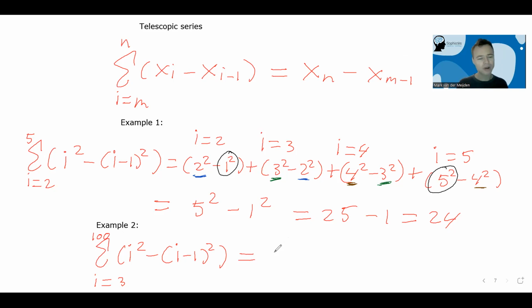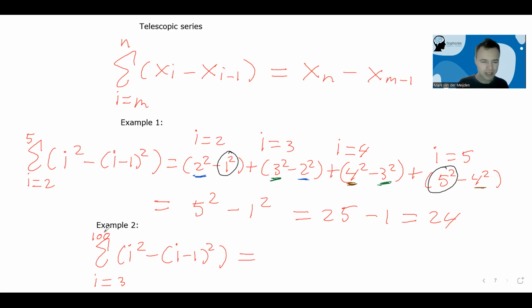I get a question, is it always something with squared? No, not always, but most of the time it's very helpful to use this rule when you have something with a power. But I will show you another example of when you can apply this. Okay.